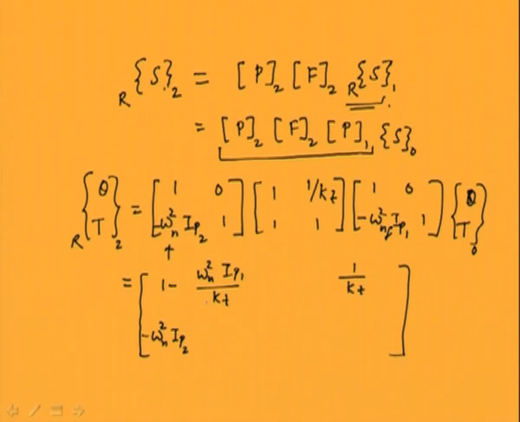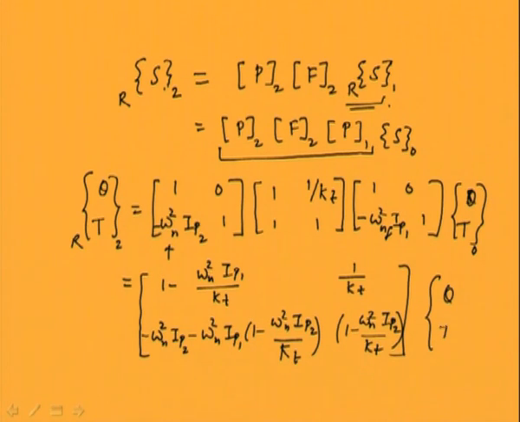Let us write that. This is KT, and the last IP2 by KT. So this is the overall transfer matrix.